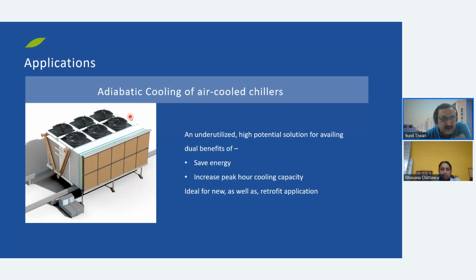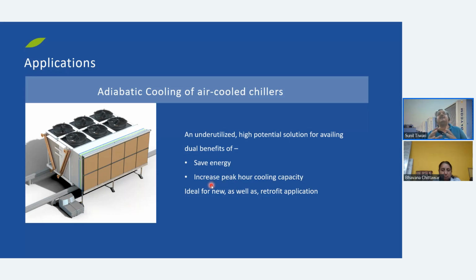This application, which is one of my favorites, I'm looking at it as a new thing, is very good. So again here, when we do the pre-cooling of air before it goes onto the air-cooled condensers, there are two ways. One is to save energy, obviously. That's annually, we'll see how much we can save. But more important is the peak hour cooling capacity.